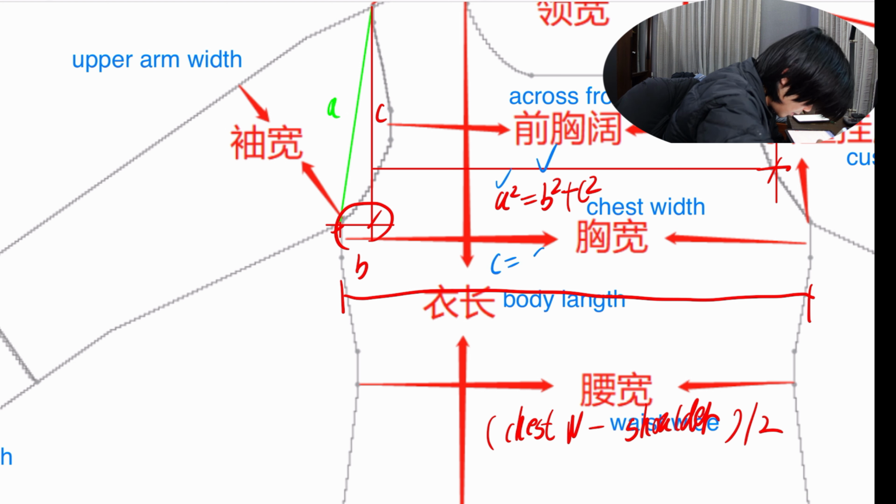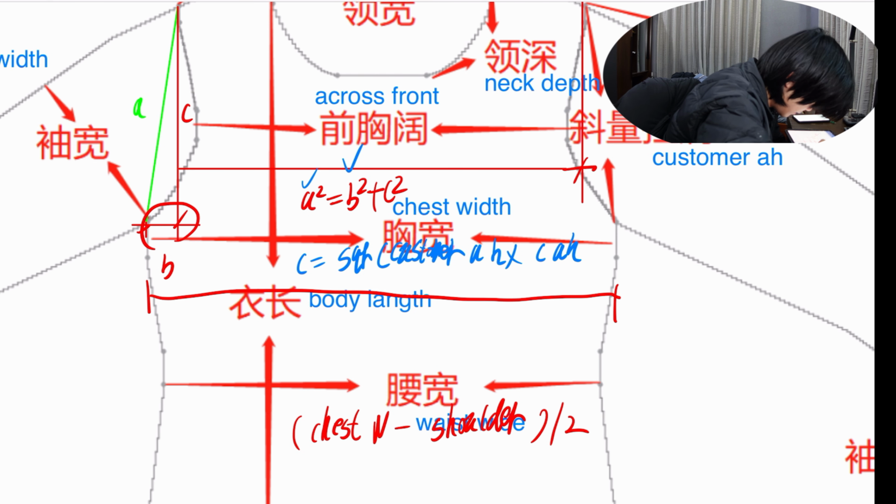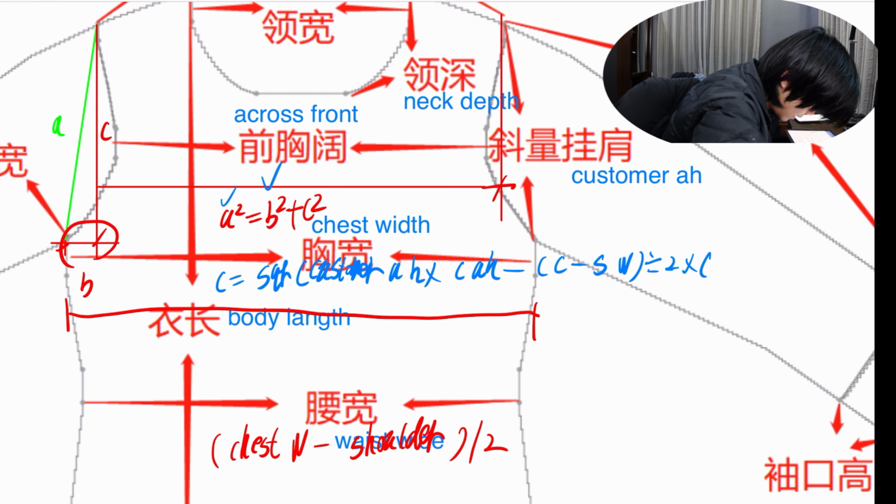C equals square root, bracket, customer armhole height times customer armhole height minus bracket chest width minus shoulder width, bracket, divided by 2 and times again, bracket, chest width minus shoulder width, bracket, divided by 2 and bracket.